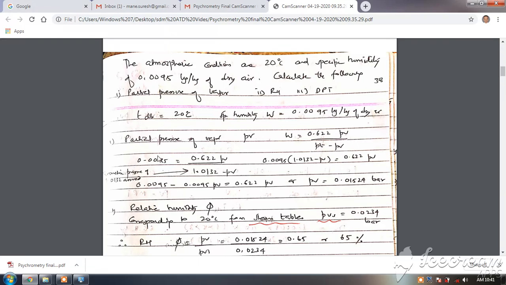Omega is given as 0.0095, so 0.0095 is equal to 0.622 into PV divided by barometric pressure 1.0132 minus PV, where only PV is not known. By calculating this, we get PV is equal to 0.01524 bar.